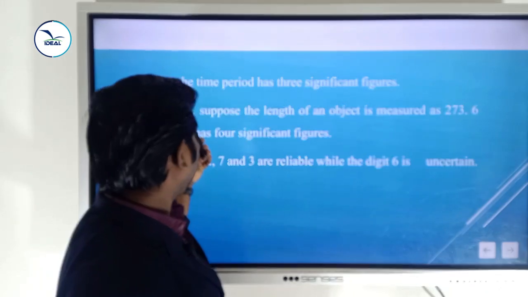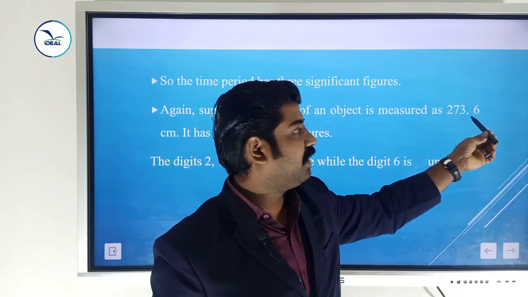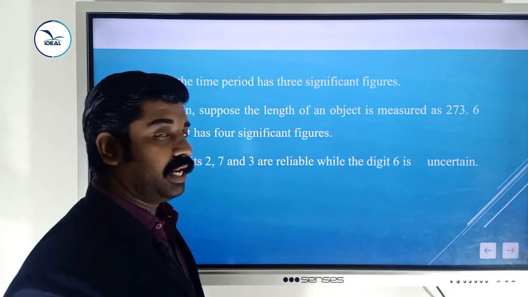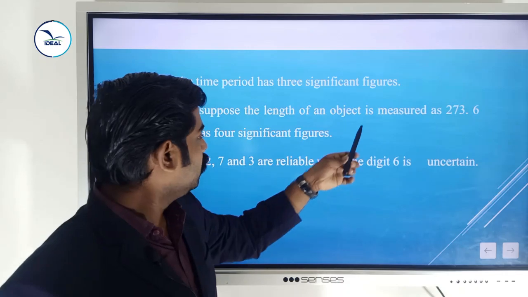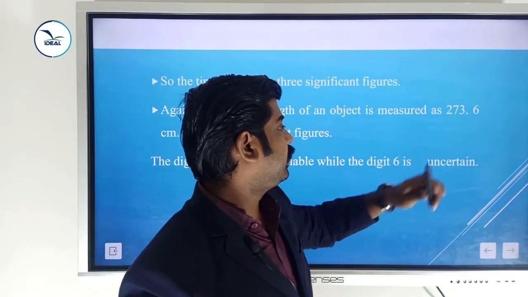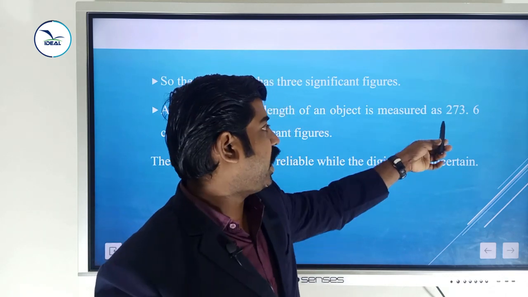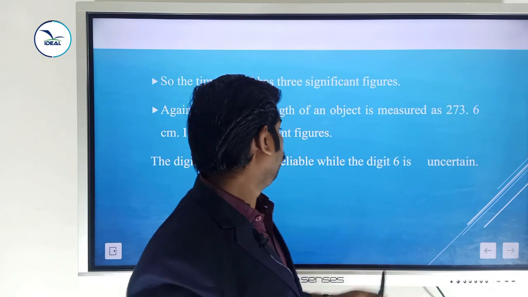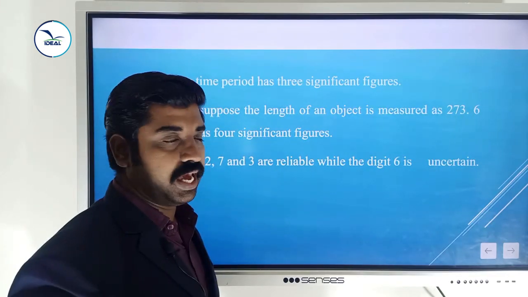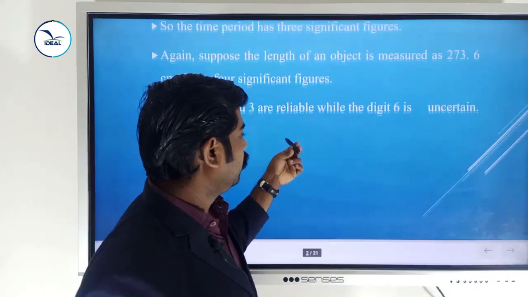One more example: I measured the length as 273.6 centimeter. Here 273 are reliable, but the 6 is not reliable; it is called uncertain. Here we have 4 significant figures.